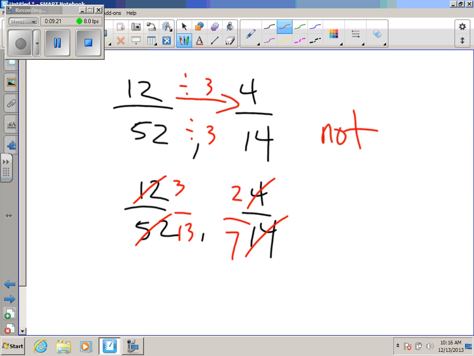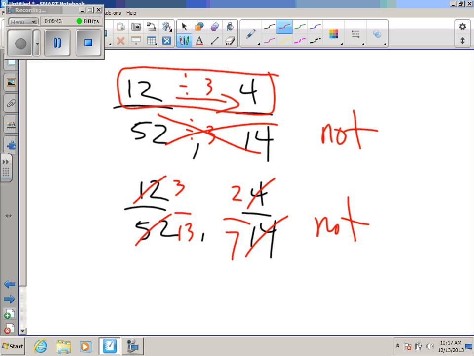Are those the same? They're both in simplest form. They're not the same. You've simplified them as much as you can. Again, not proportional. Okay? So just because it works for one, that's going to happen. But it has to work for both in order for it to be proportional.